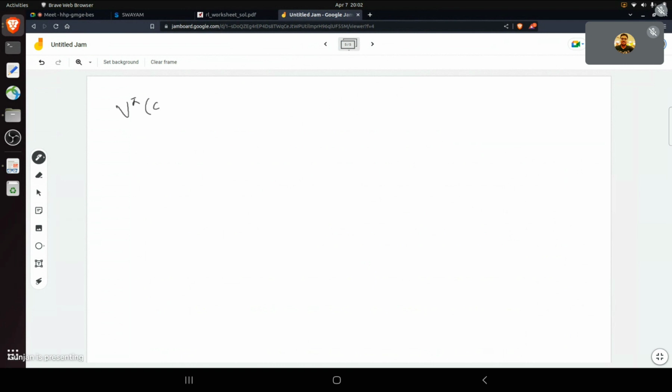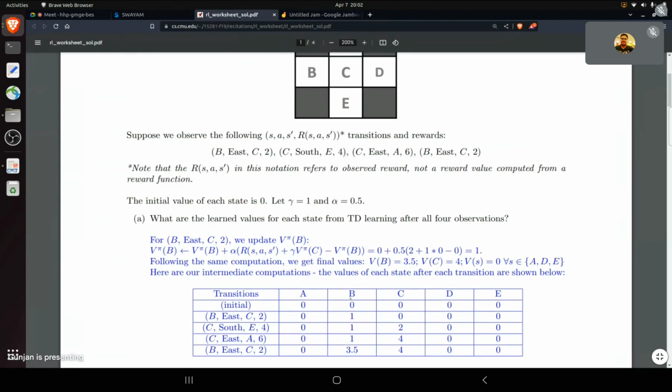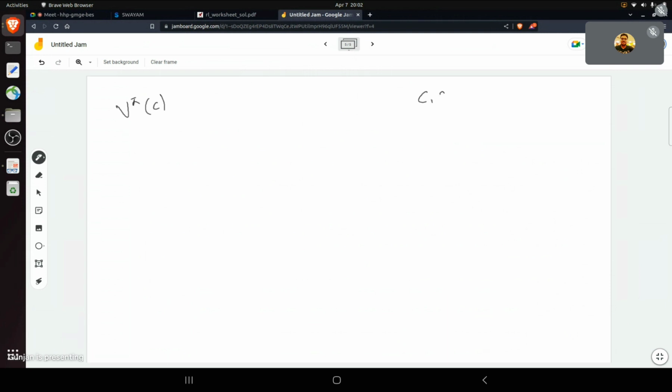Okay, so we have seen B, and we have V pi of B as 1 now. Next we are seeing the sample C, south, E, 4.